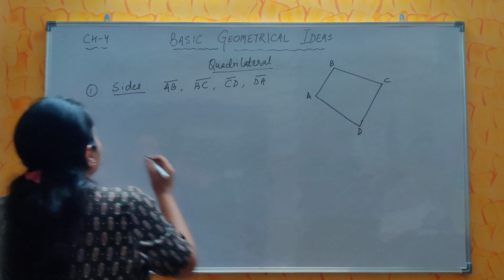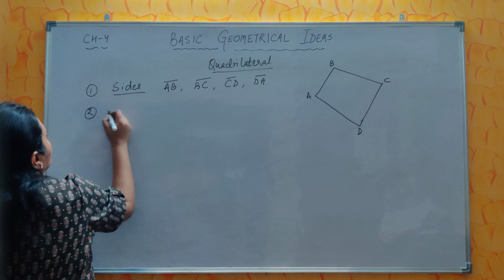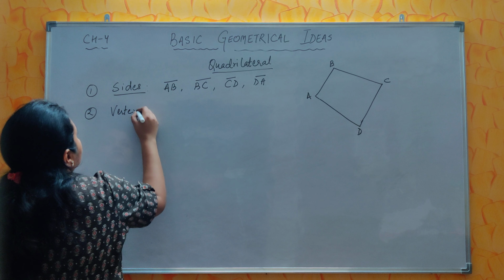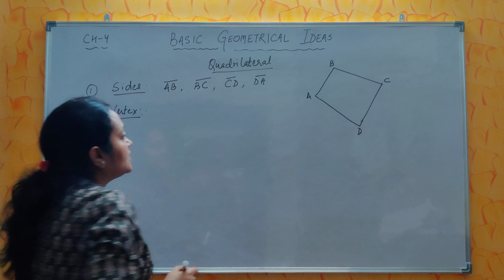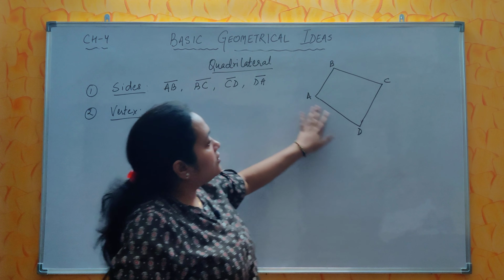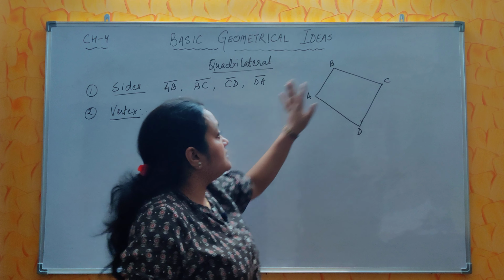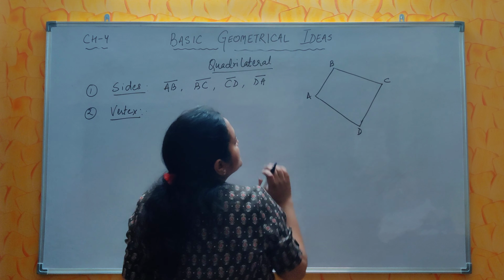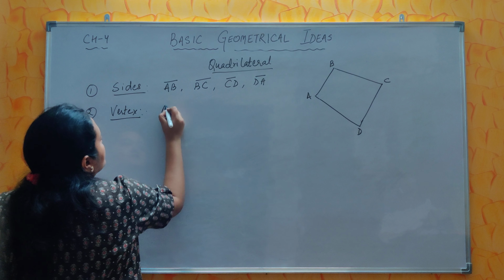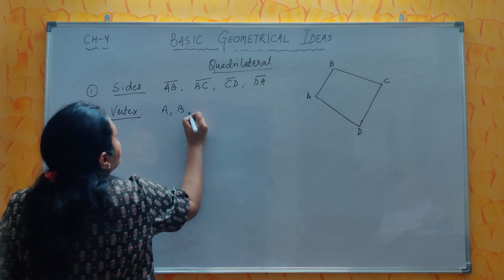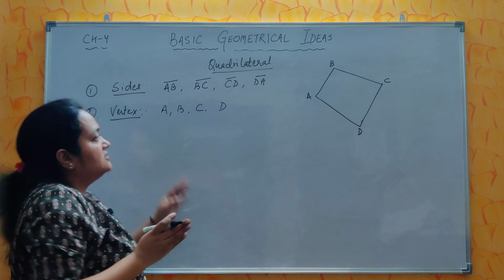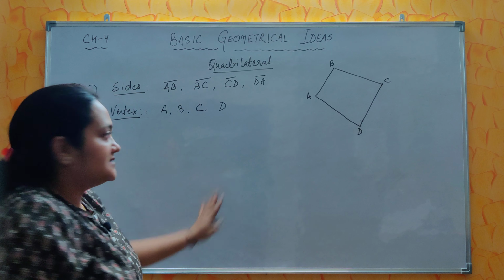Okay, now let's see what are vertices or what is a vertex. Okay, these are the 4 corners of this polygon or the end points of the sides of the polygon. These are A, B, C and D. As they are the 4 points, they are represented like this.